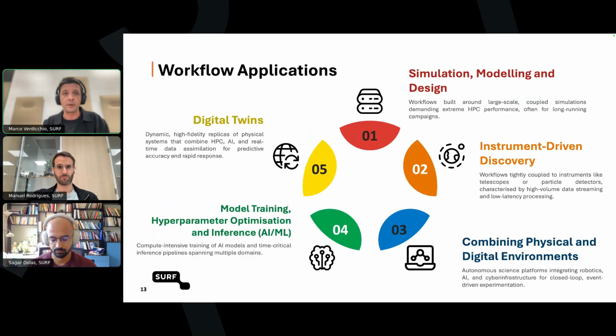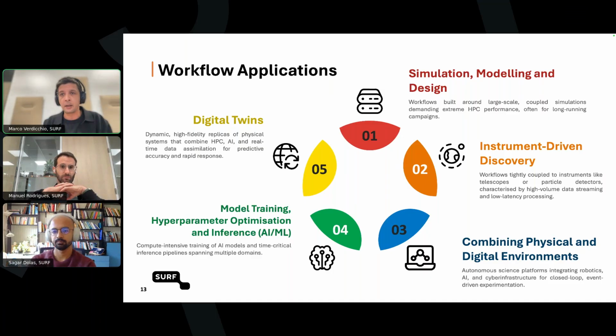So the paper is divided into 3 sections. In the first part, we identified 5 classes of workflow applications, macro categories that may include different types of workflows across different domains. Some workflows do not present a single pattern, but can be a composition of multiple patterns. We identified these 5 that you see on screen now: simulation, modeling and design; instrument-driven discovery combining physical and digital environments; AI and machine learning types of workloads; and digital twins.